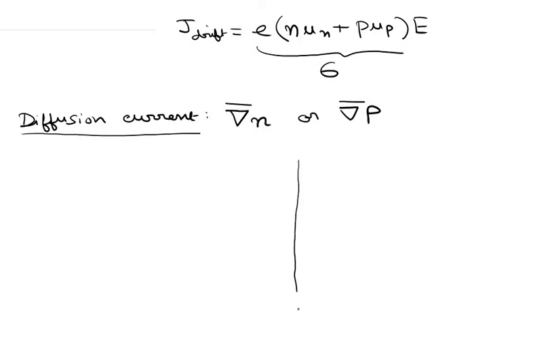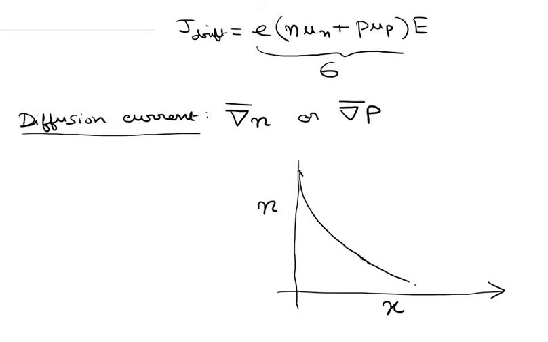Let us draw this graph here in one dimension. Let us consider that this is the spatial dimension x and this is the electron concentration n, and just for the sake of understanding, let us assume that the spatial variation in electron concentration is like this. The electron concentration is higher at x equal to 0, and then as x gradually increases, the concentration of electrons decreases to 0.